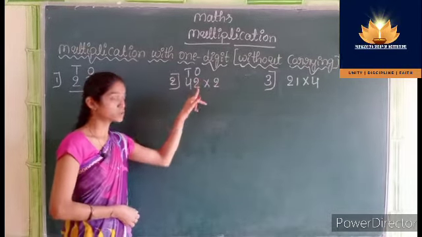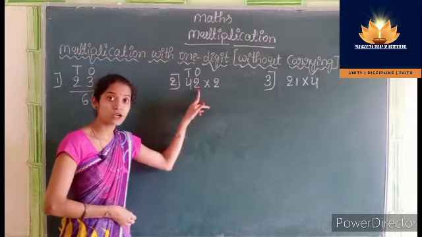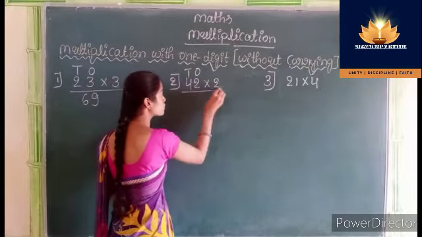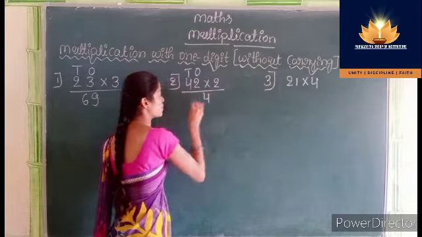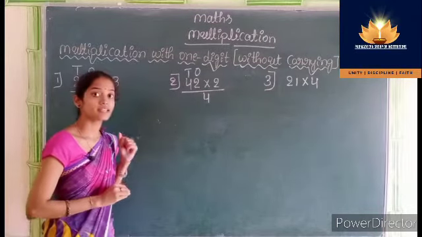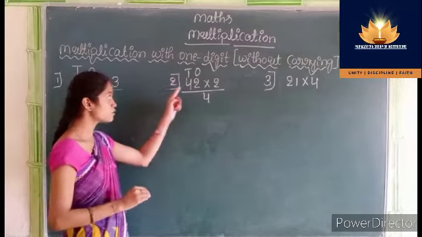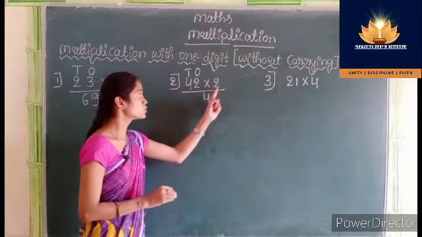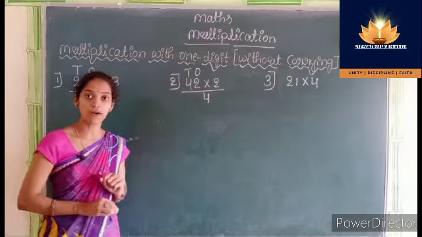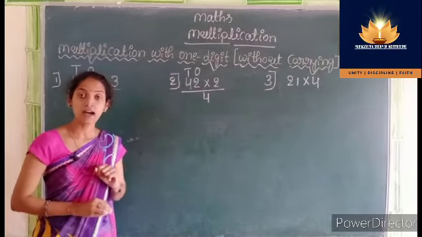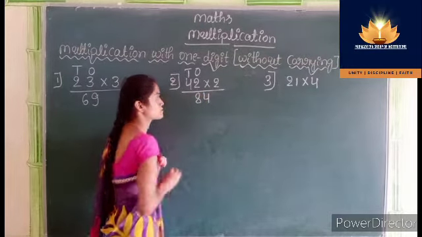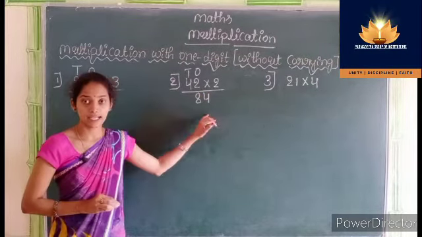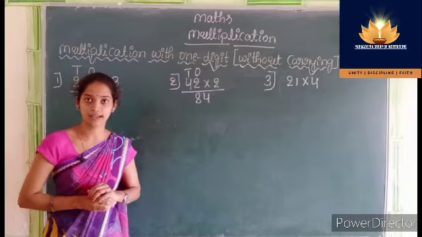Okay. 2 twos are how much? 2 twos are 4 and that 4 should be written in ones place. Okay. And in tens place we have 4. So 2 fours are 8 and that 8 should be written in tens place. We get 84 as a product.